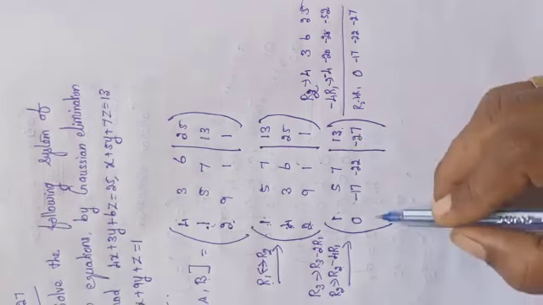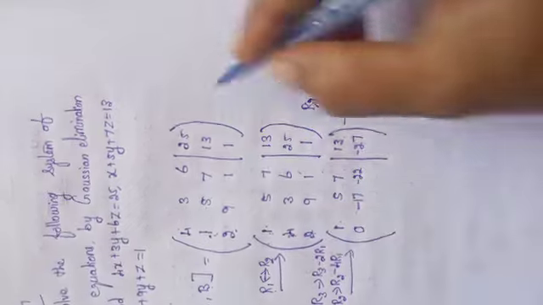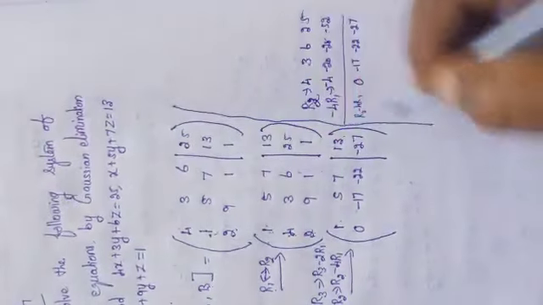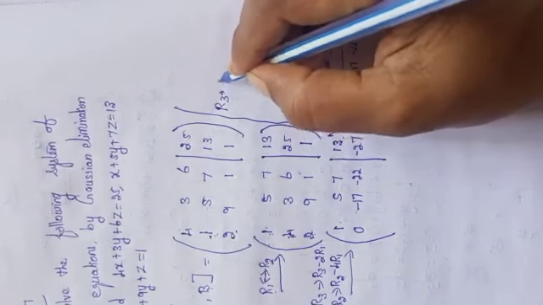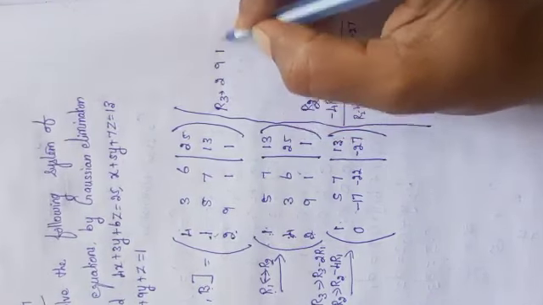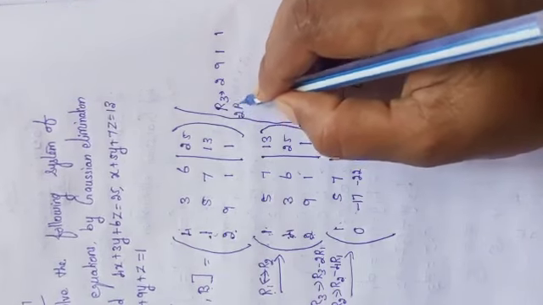Okay. Then to make this value as 0, that is R3 minus 2 into R1. So, this is totally rough work. R3, the values are 2, 9, 1, 1. Now, minus 2 into R1.